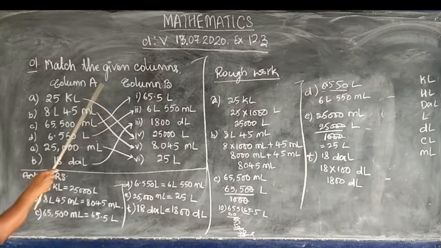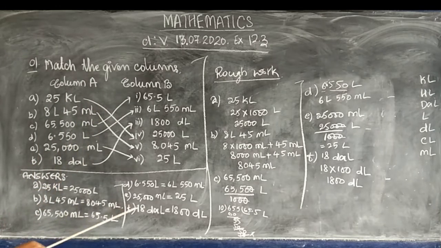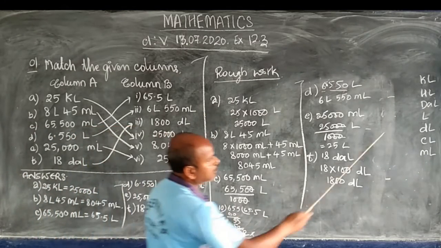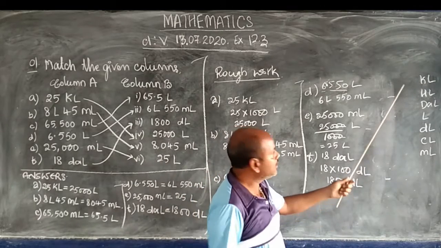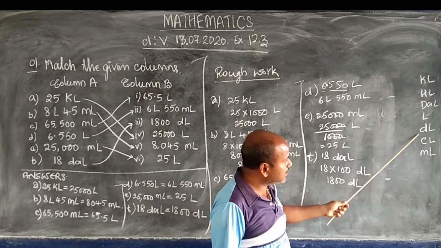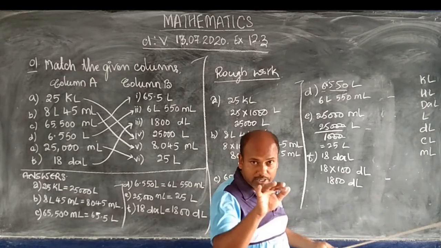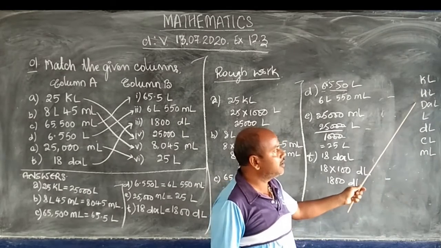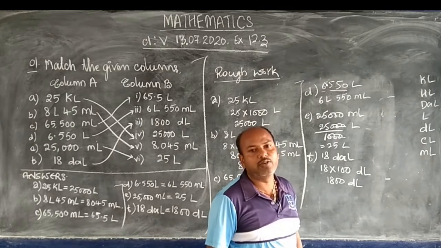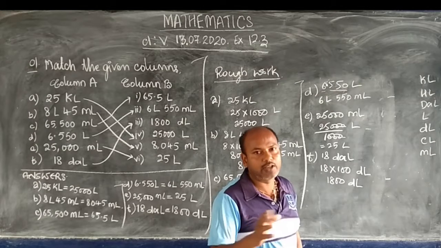Copy this, match it, just below that write this. Okay. This is to be shown in the rough work. This is the mantra, the most important formula: kilo, hecto, deca, deci, centi, milli. This is what you need to know in order. Once you master these steps, it becomes very easy for you to convert and score very good marks.